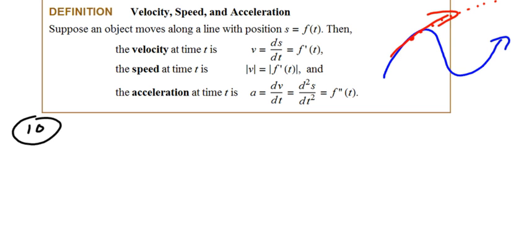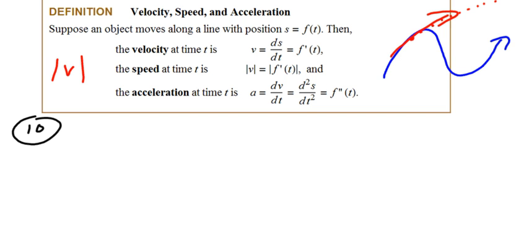And from there, velocity has magnitude and direction. It's a vector. So if I want to talk about speed, speed has to be the absolute value at that time because speed is the magnitude of the velocity. Speed does not have a direction, so it's the absolute value of it.